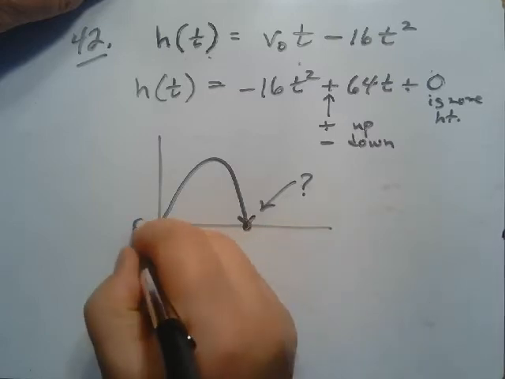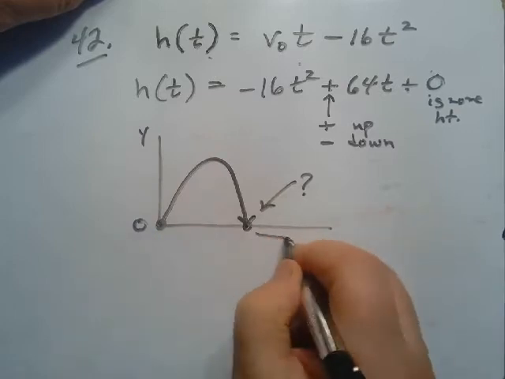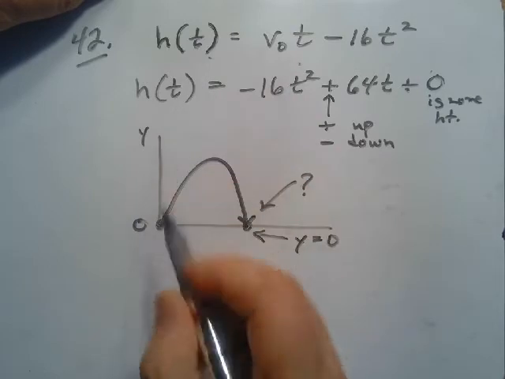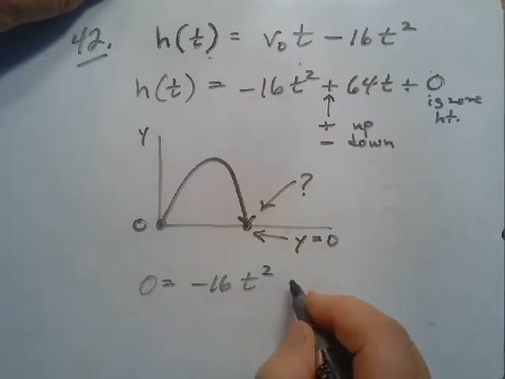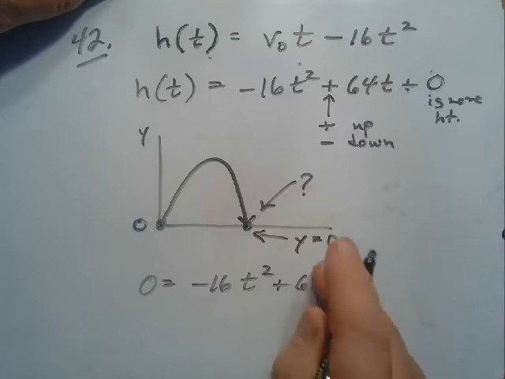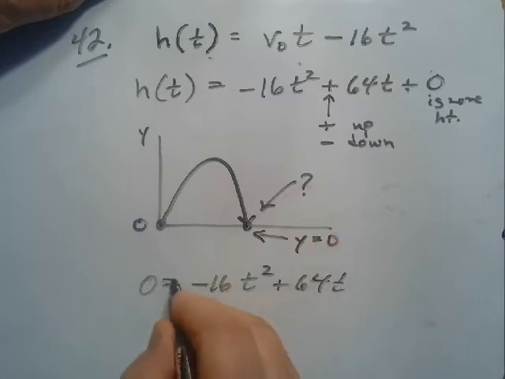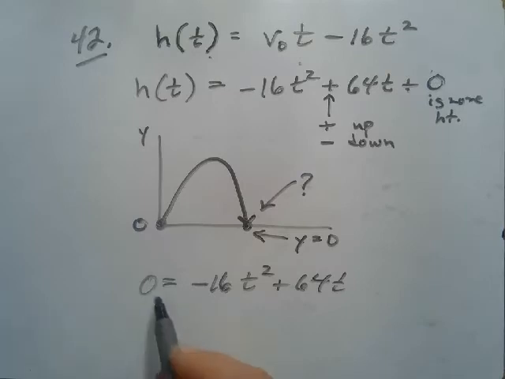And the y value at that point is 0. Y is equal to 0. So we're going to set this equation equal to 0, negative 16t squared plus 64t. We could do this with our pencil, but we're going to do it with the calculator. So go ahead and put this in your calculator, and we're going to find where it hits the ground again.